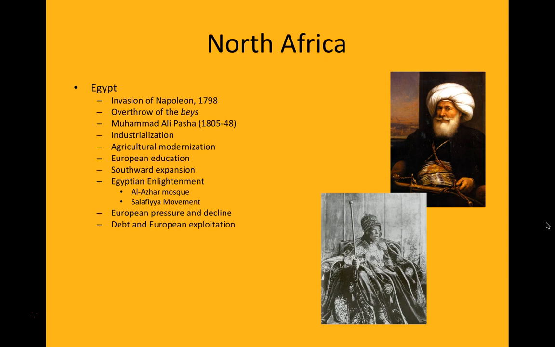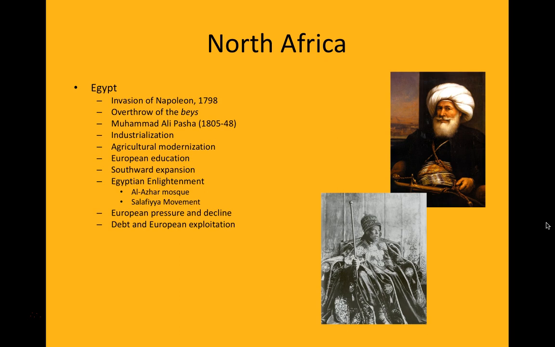Now, partly in defiance of Muhammad Ali Pasha's desire to modernize, but also to some extent taking cues from his programs of increasing education and everything, there is this movement, we might call it, that some have called the Egyptian Enlightenment, that happens over the whole course of the 19th century.